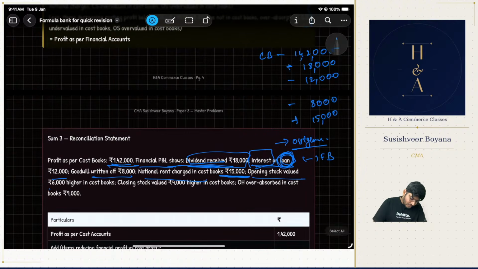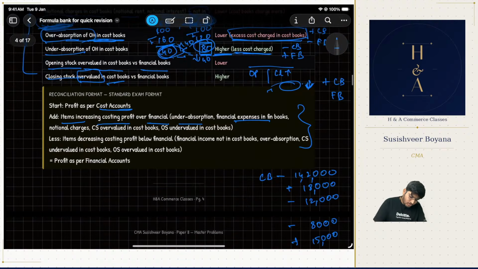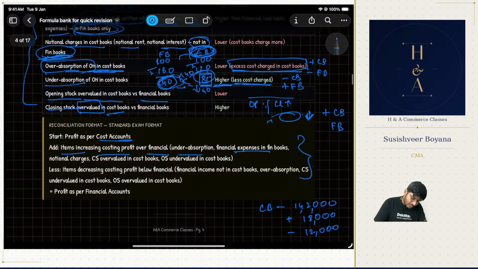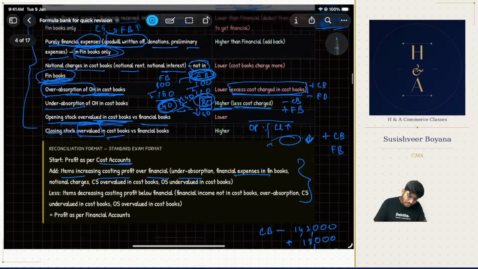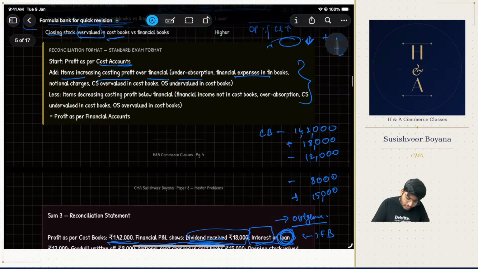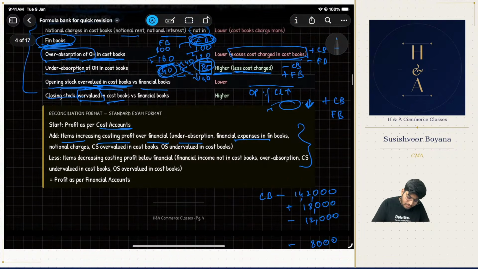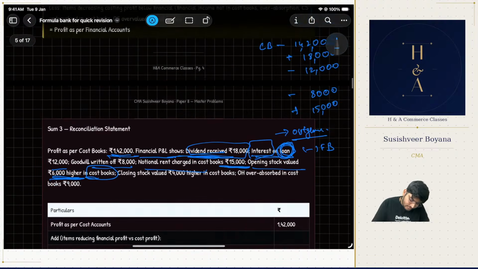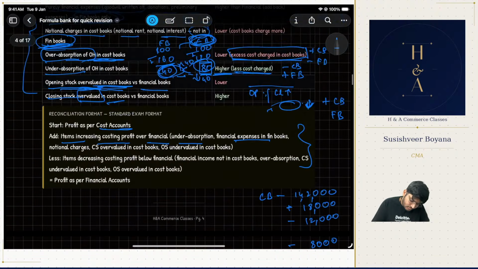Opening stock valued 6,000 higher in cost books. We just discussed opening stock is overvalued in cost books. That means the effect on costing book is going to be lower because opening stock there is going to be higher. So costing book profit is going to be lower than financial book profit. So what do we have to do, sir? We have to subtract. I'm sorry, what?